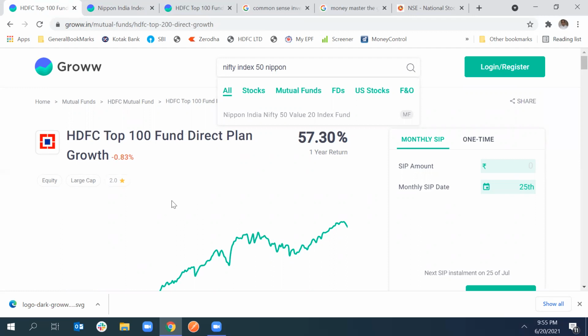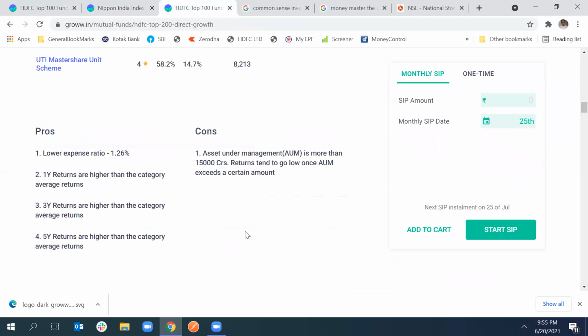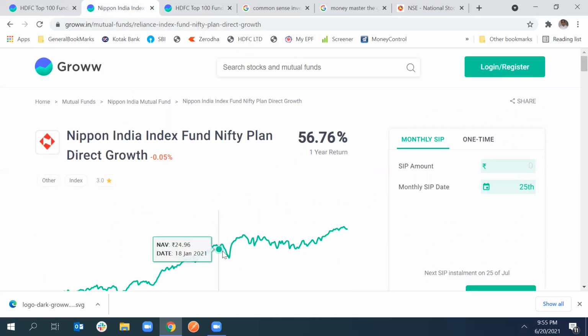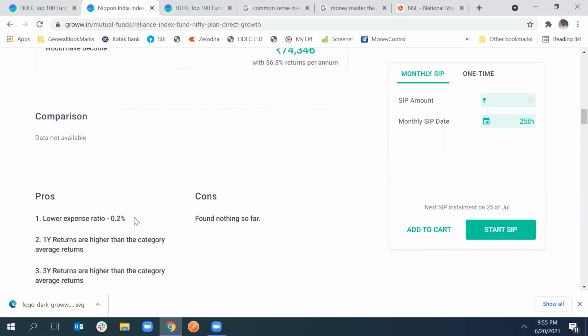But what is important to understand here is the expense ratio is 1.26, and the expense ratio here is, you may wonder why, just 0.2%. You will be charged only 20 paisa on your investment of 100 rupees. There you will be charged 1.26.